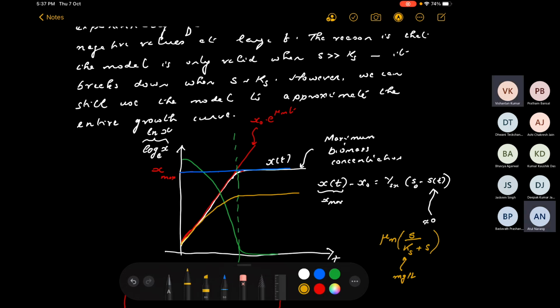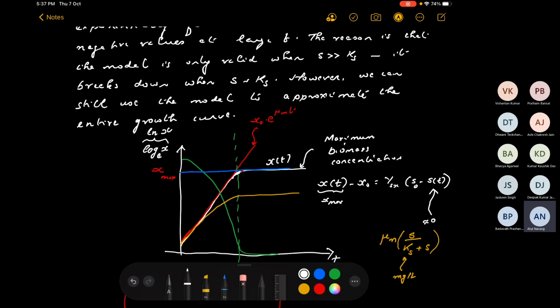So in this case, somewhere here, the concentration has become on the order of 1 milligram per liter. But by that time, you have so many cells that this 1 milligram per liter is cleaned out in just a few minutes and you rapidly go to the stationary phase.